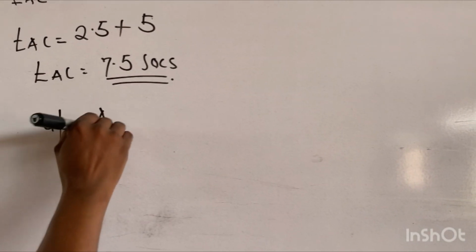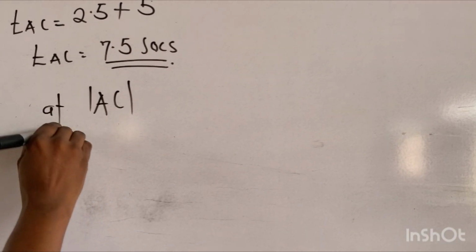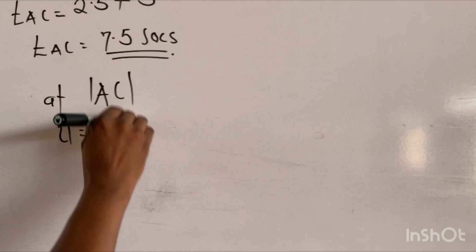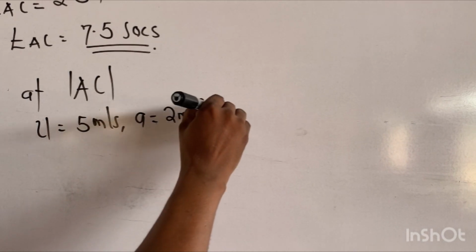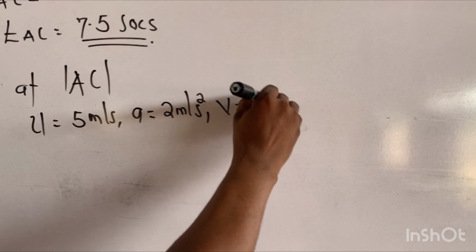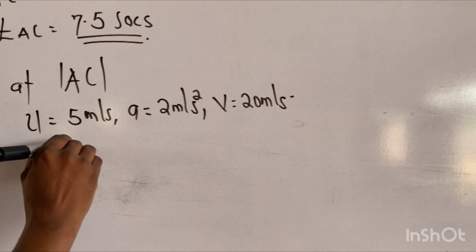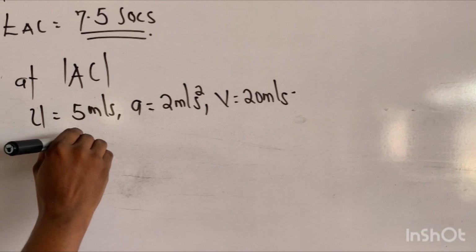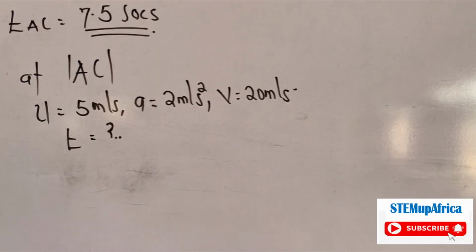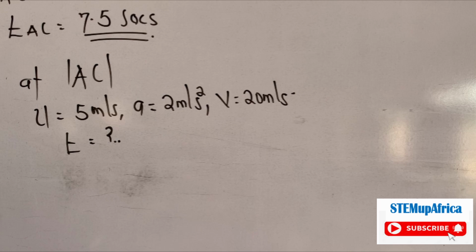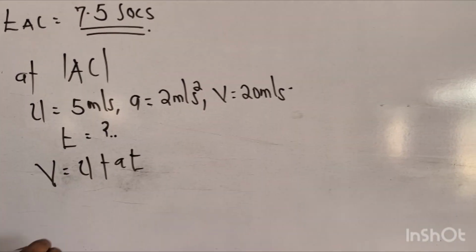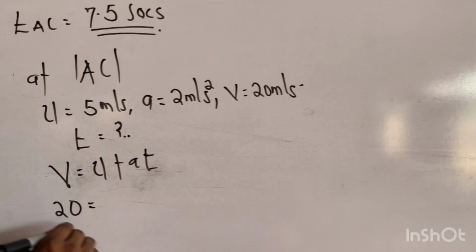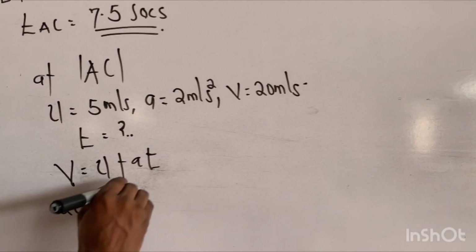At AC, my u is 5 meters per second, my a is 2 meters per second squared, and my v is 20 meters per second. The time from A to C, I don't know. The data also satisfy the first equation of motion, so I have v equals u plus at. So my v is 20, my u is 5, my a is 2.